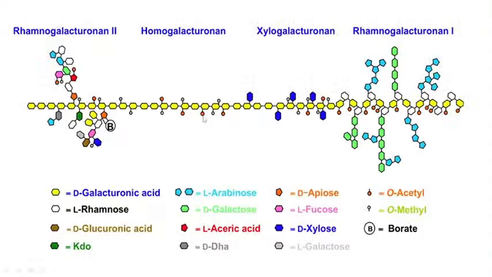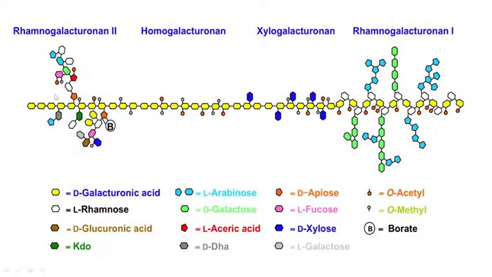This is also shown with colors. This is the D-galacturonic acid. The white is the L-rhamnose, and this will be the glucuronic acid. This is the L-arabinose and D-galactose.